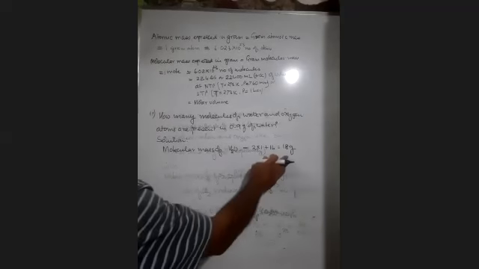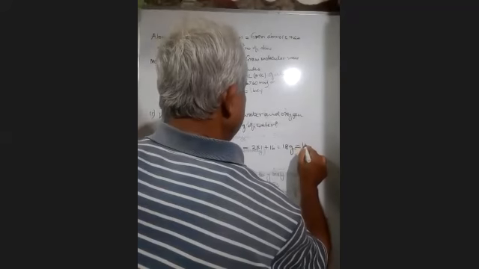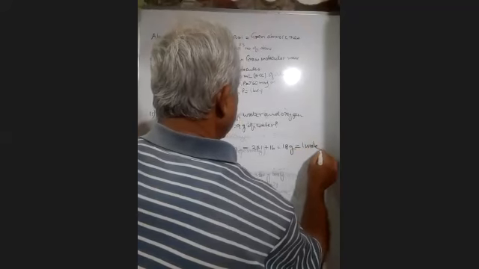So 18 gram will contain how many molecules of water? See, 18 gram is equal to 1 mole. Is it not? 18 gram is equal to 1 mole. Now see here, 1 mole of water will contain how many molecules of water?